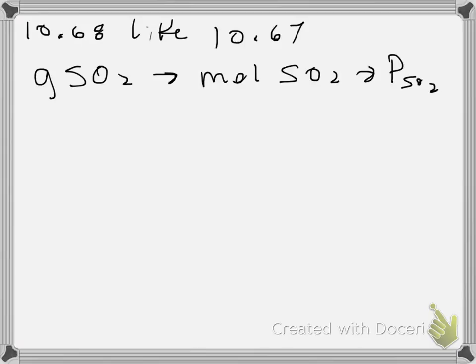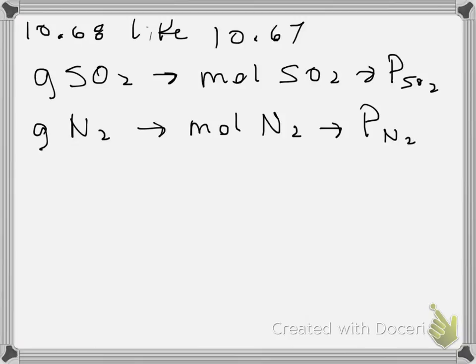Then you can do the same thing with nitrogen gas. So you've got the grams of nitrogen gas, you have to convert that to moles. And then once you get that, you can use the ideal gas equation to get the pressure of nitrogen gas, which was part B.